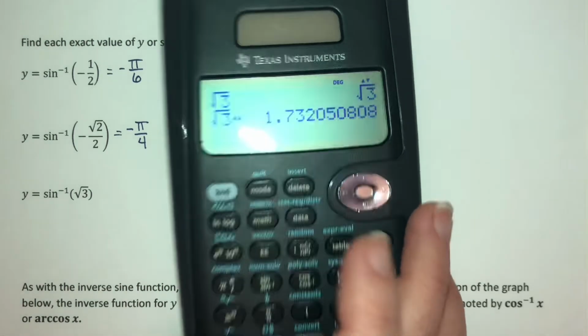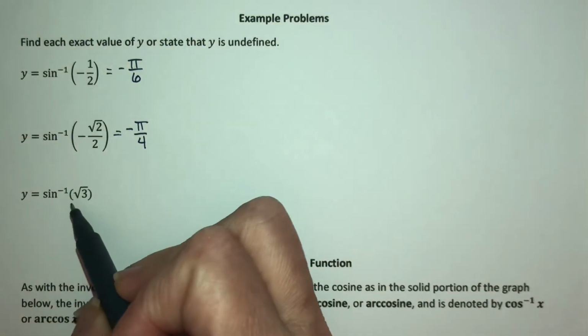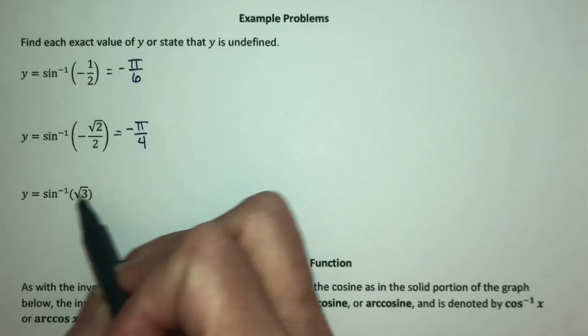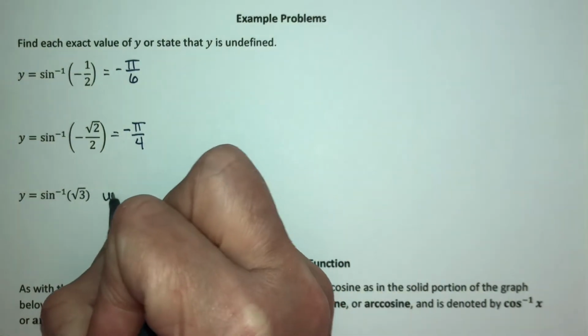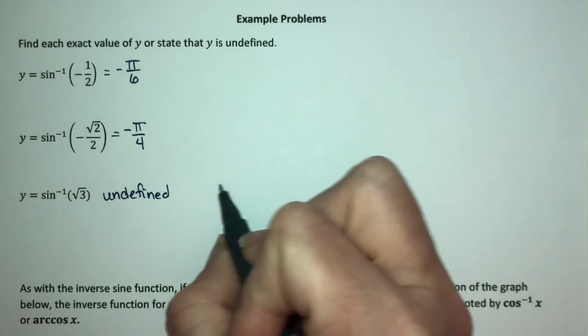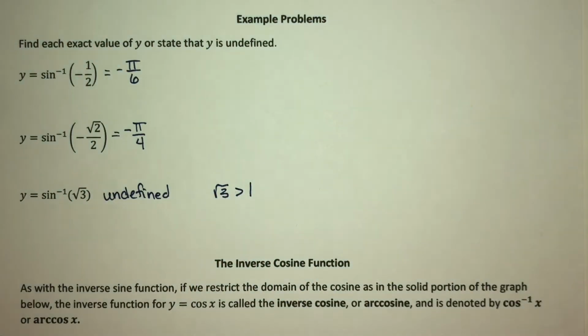The domain of the inverse sine is between negative 1 and 1. This is too large. This is undefined, because the square root of 3 is larger than 1, so it doesn't have an inverse sine.